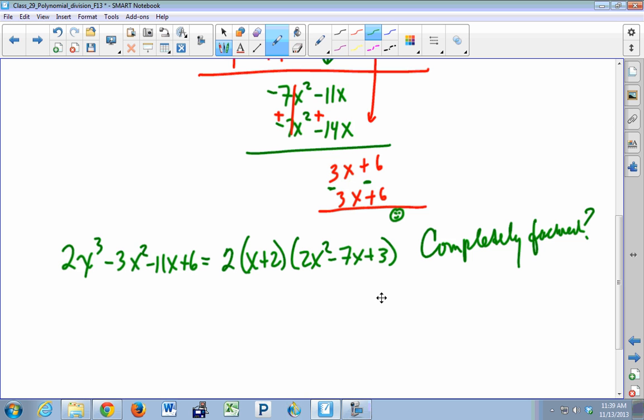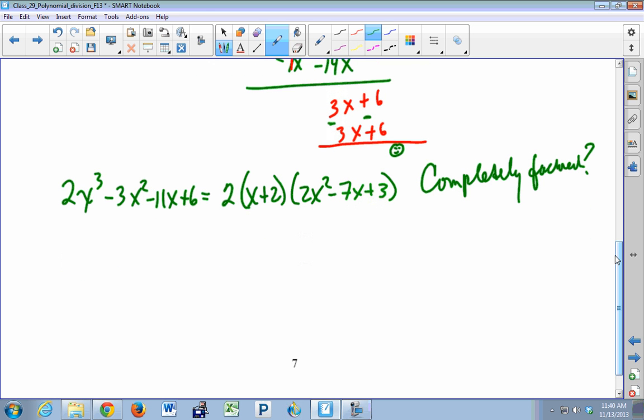You could use the quadratic formula, which gives you the what? What's the solutions to the quadratics give you? The zeros. And if you know the zeros, you know the factors. Yes, you could use the quadratic.